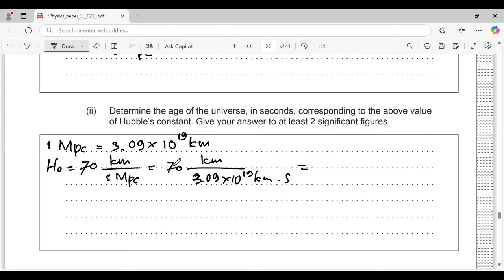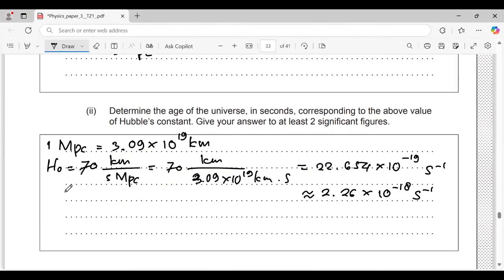If you divide 70 by 3.09, the result is 2.2654 times 10 power minus 18 per second, rounded to 2 significant figures: 2.26 times 10 power minus 18 per second.